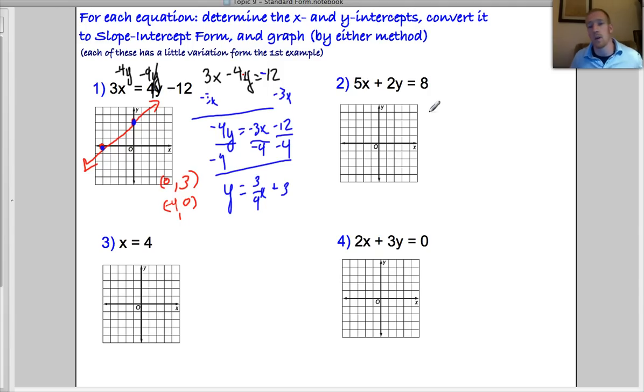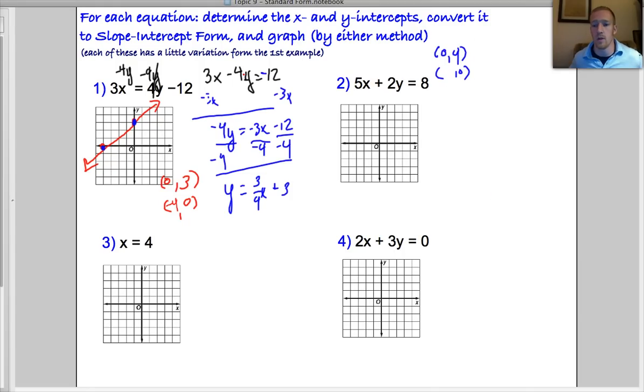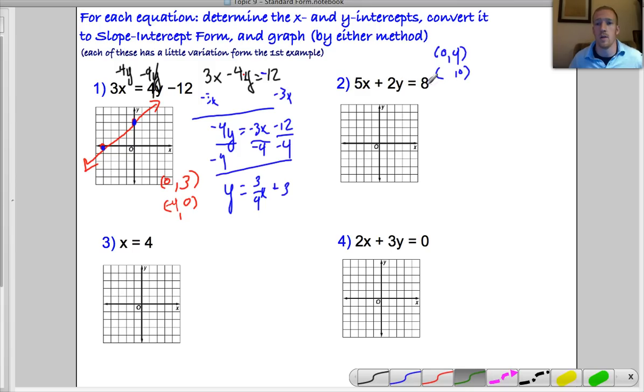same line. Okay, so here I'm going to get the intercepts, and the reason I showed you this one is the intercepts don't work out to be nice, pretty clean integer numbers. If I plug in 0 for x, I'm doing 2y equals 8, so that is y equals 4. Alright, and then for the x-intercept, I plug in 0 for y and divide both by 5.